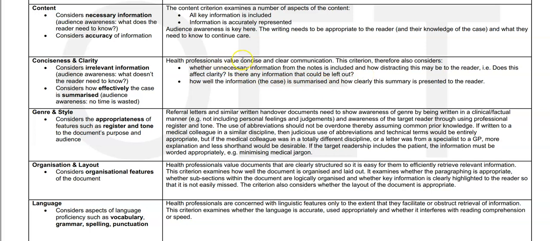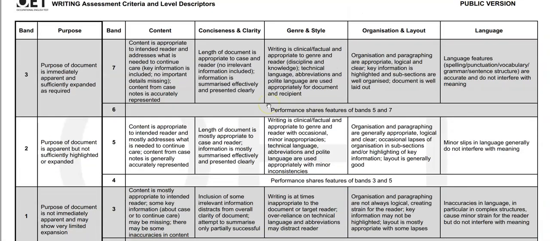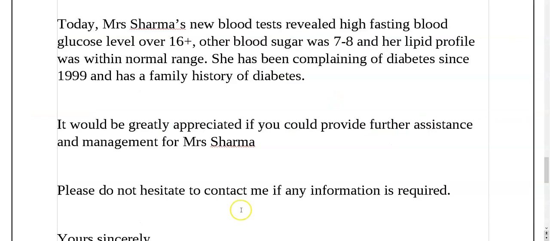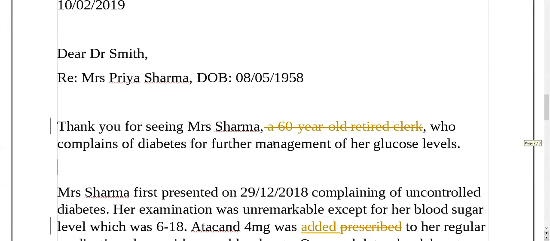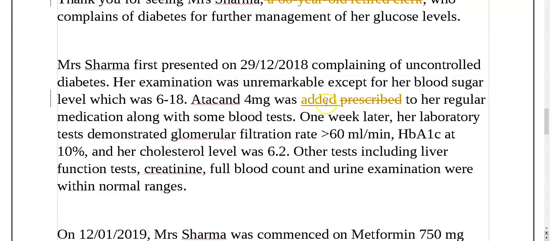And again, these keywords: concise and clear communication. Anything that gets in the way of that is probably a good idea to omit. So, not too bad. Some reorganization I would probably do, and rework that introduction, who complains of.